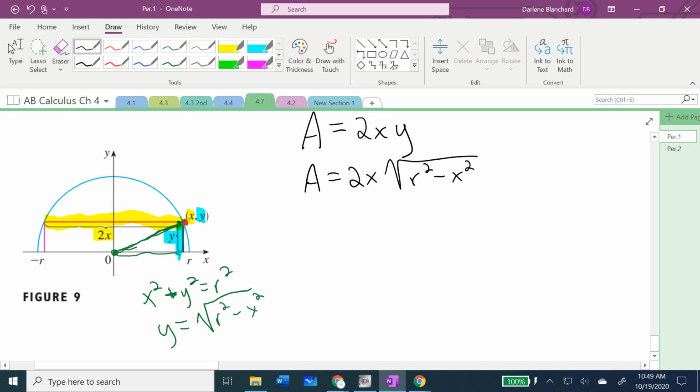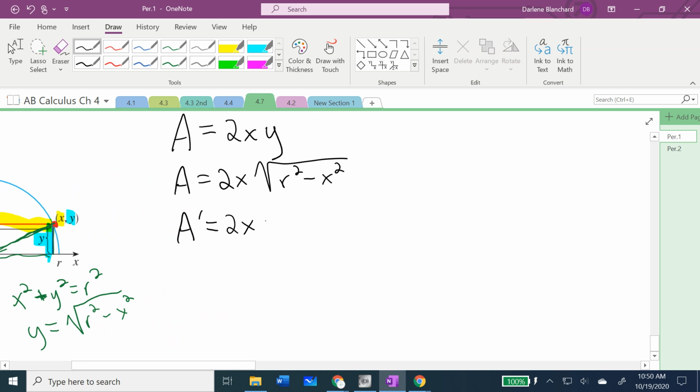With r being an unknown constant, I have area in terms of only one variable. That means it's time to take the derivative, set it equal to 0, and solve. So I'm going to go into the product rule.